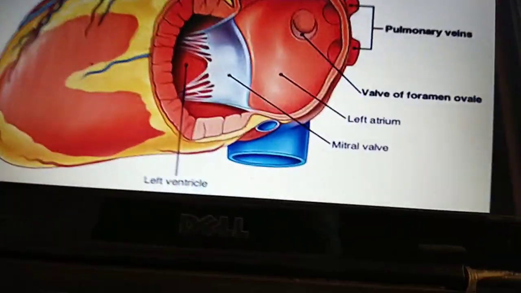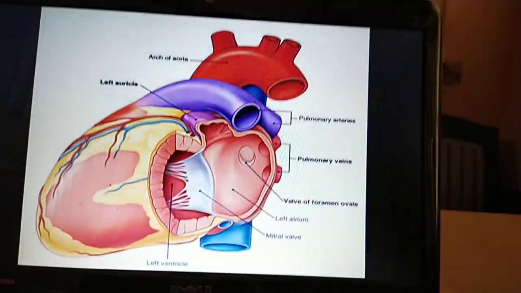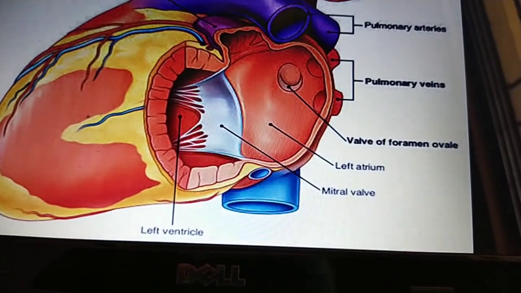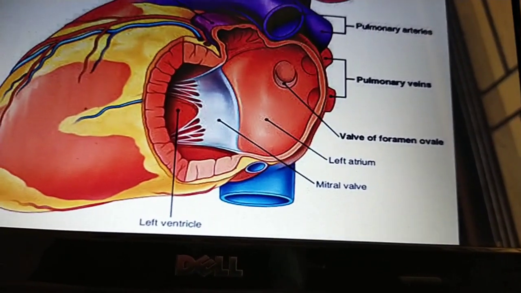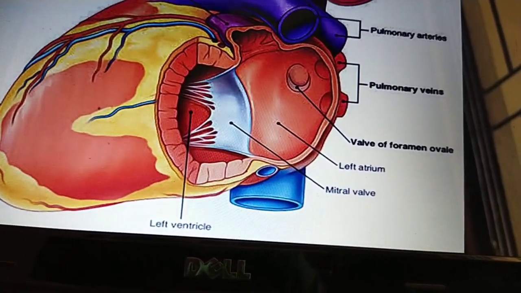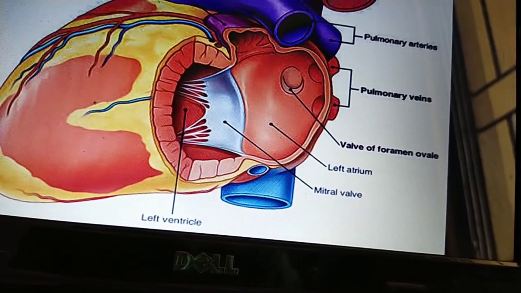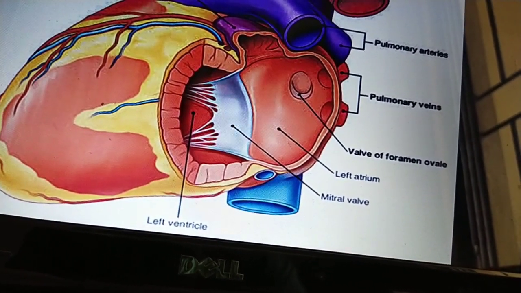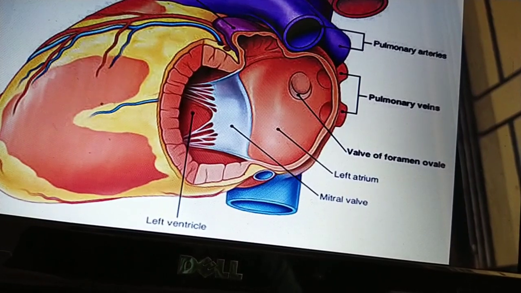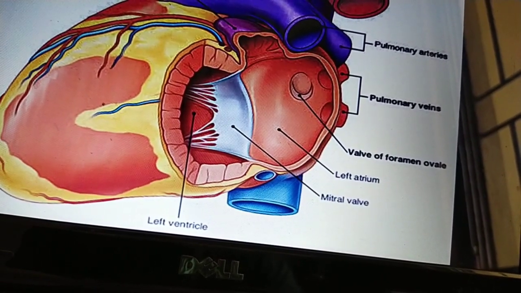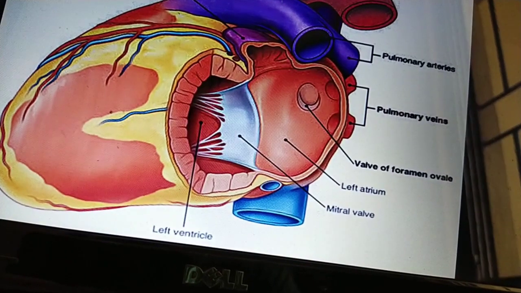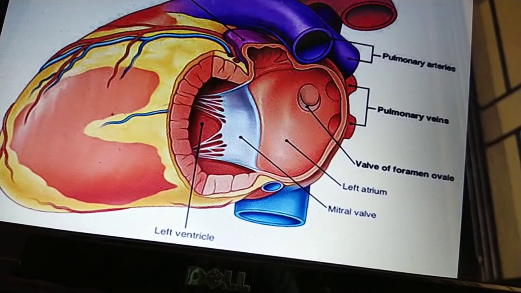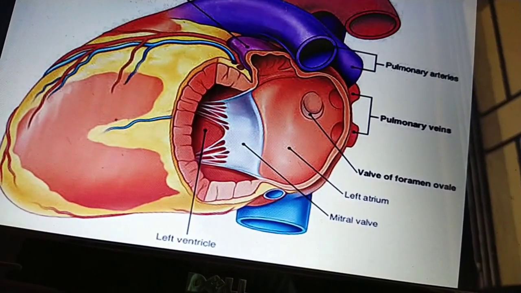The fossa lunata is a depression in the left atrium. Just as the fossa ovalis is the depression present in the right atrium, in the same way the fossa lunata is present in the left atrium. It is a semilunar depression found on the surface of the atrial septum.